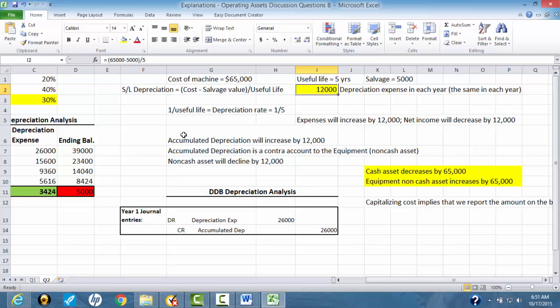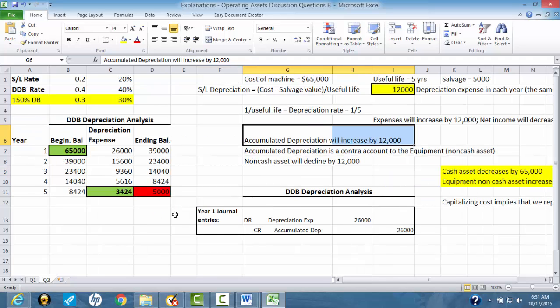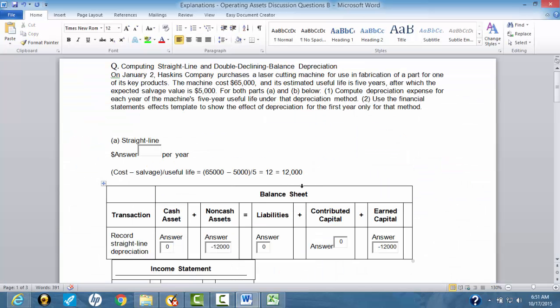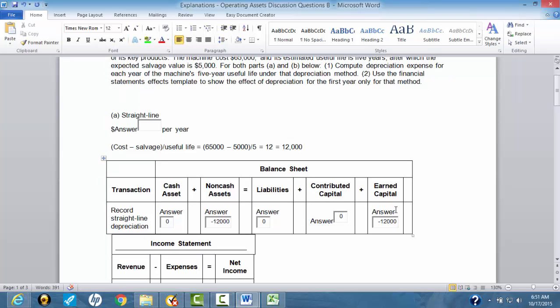And recall that accumulated depreciation is where we accumulate depreciation expense every year. It's like a bucket. We put the depreciation in it and then subtract the accumulated depreciation from the asset cost. Now let's go back to our financial statement effects template and reflect the transaction for the straight line depreciation.